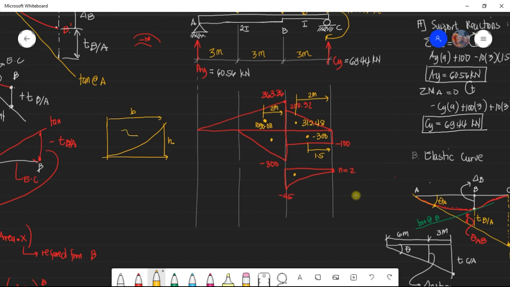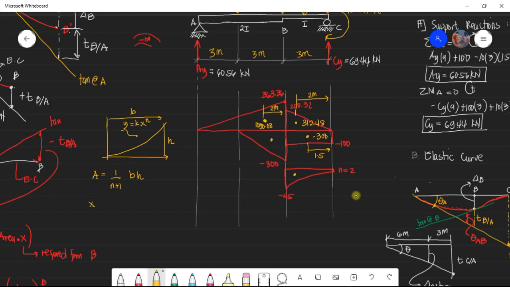Ito yung general equation, y is equal to kx raised to n. Ang area nito is 1 over n plus 1 times base times height. Kung triangle yan, ang n natin is 1, so 1/2 base times height.